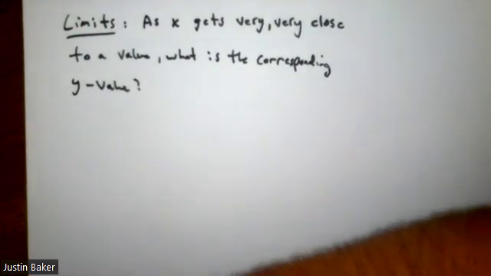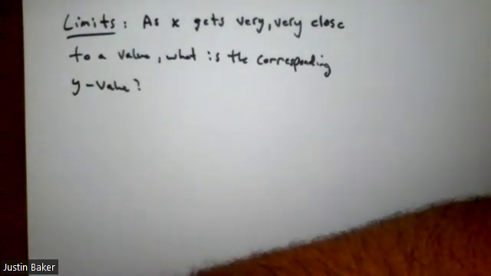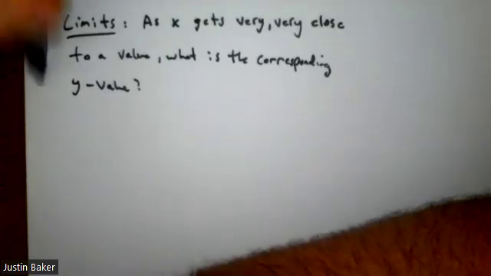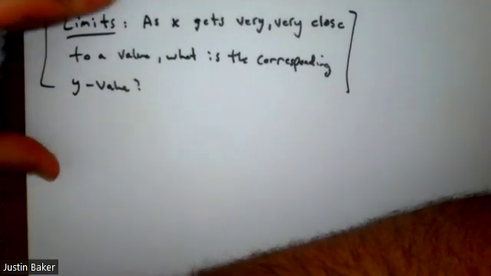As x gets very, very close to a value, what is the corresponding y value? That's for right now what we want to be thinking about when we hear the word limit.